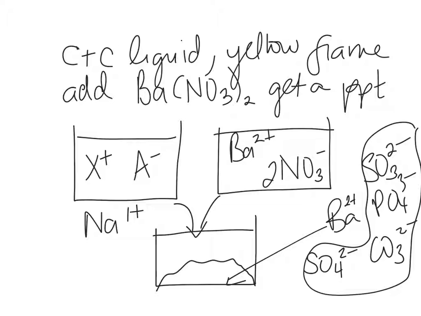When I was an undergrad, we probably spent maybe 4 lab periods, that's 12 hours. We had a mixture, and we had to figure out which ions were in it. There were about 7.